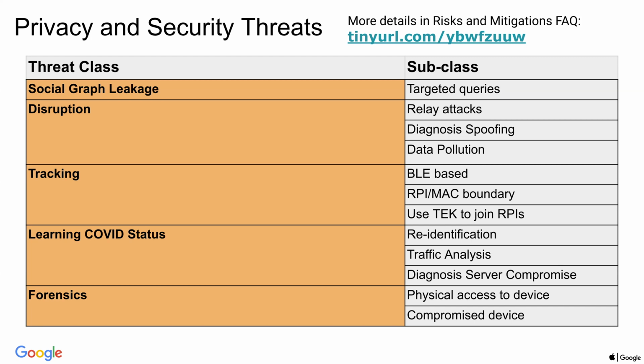Today, I'm going to go into just 3 of the classes of attacks, just for time reasons, but we have five broad classes of risks that we've identified, and you can read about all of them in the risks and mitigations doc that I would encourage you to read, and we also welcome any feedback on that. We're very interested in hearing about new attacks and new risks to make the system as robust as possible.